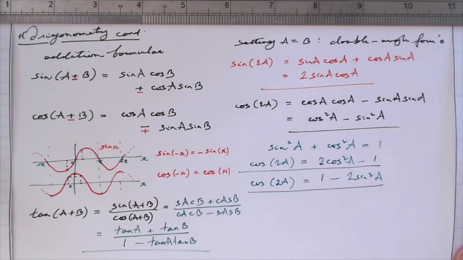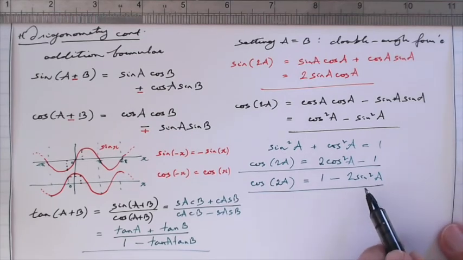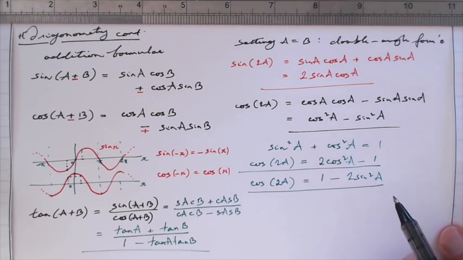A thing that's useful to know, and which I'm going to write down here, and you'll need it when you look at calculus of sine and cosine, particularly when you do something called integration, is that these last 2 formulas for cos of twice the angle give you a really neat way of writing sine squared and cosine squared.